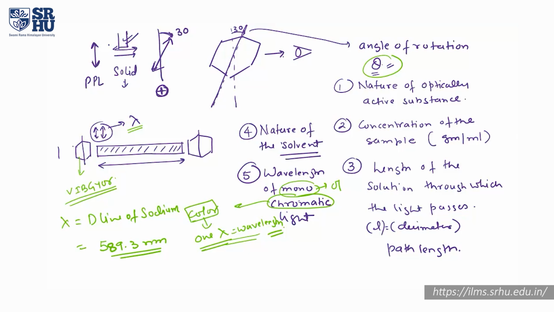And the last thing on which theta depends is the temperature of the sample. So there are 6 factors on which the angle of rotation depends.